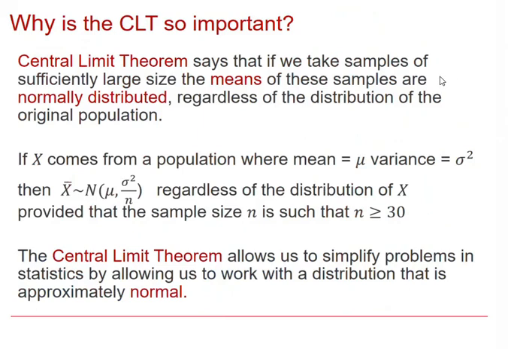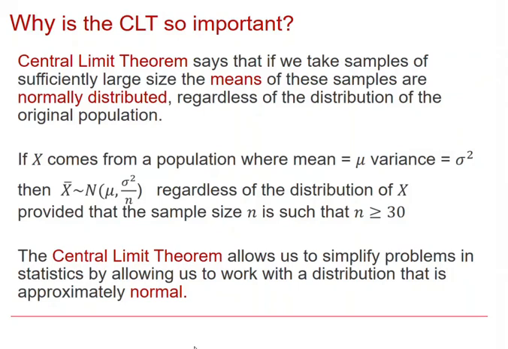So looking at why the central limit theorem is so important, regardless of the distribution of the original population, we may know it's differently distributed to normal, or we may know nothing about it. But we do know that if we take samples of size greater than or equal to 30, the sample means will always be normally distributed, but the sample means will have a variance reduced by a factor of n, the sample size.